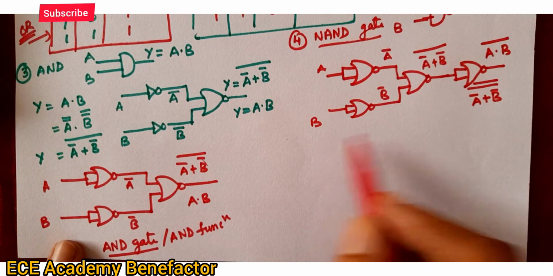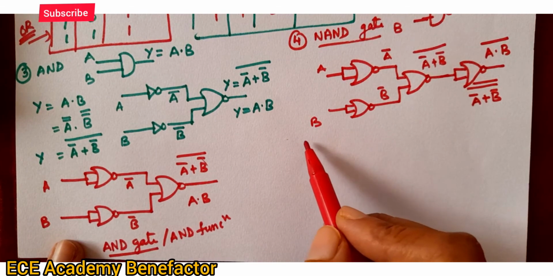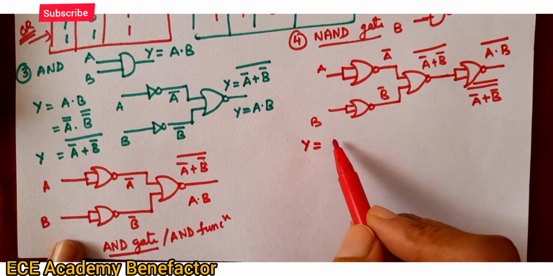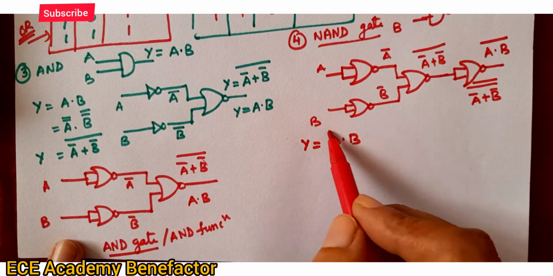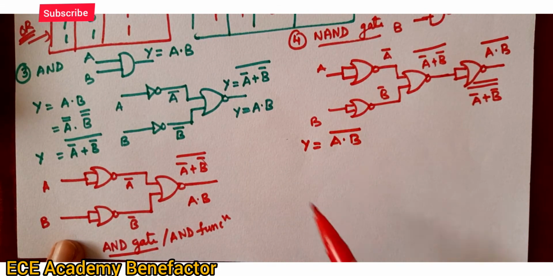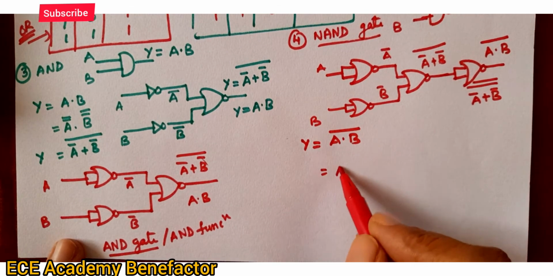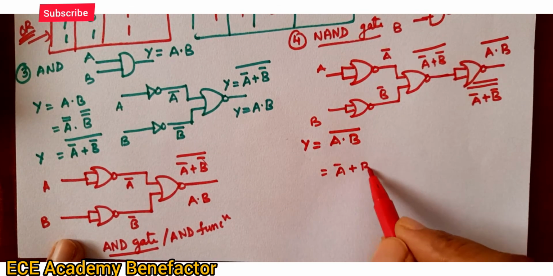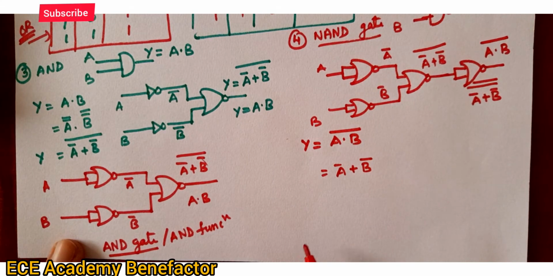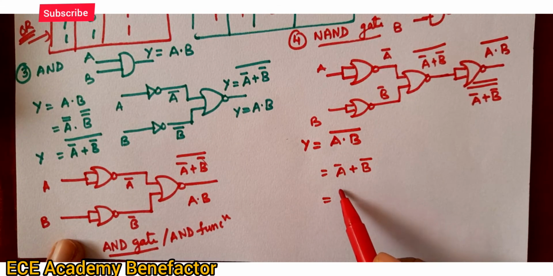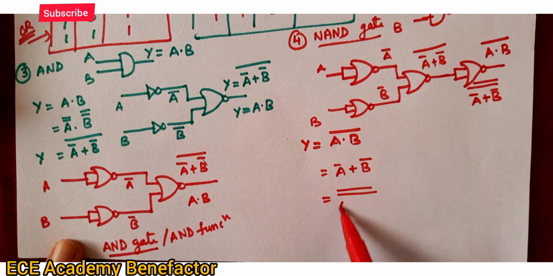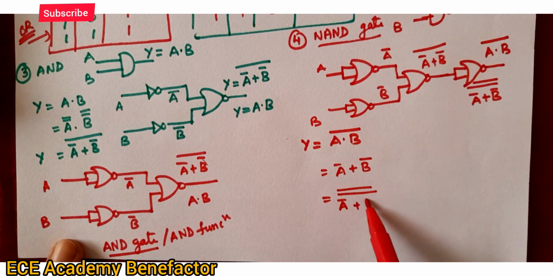Okay, so let me simplify it, or else why we want to get A dot B the whole bar. So what can we do to it? Apply De Morgan's theorem to it. It will become A bar plus B bar, and then apply double complement to it, A bar plus B bar.